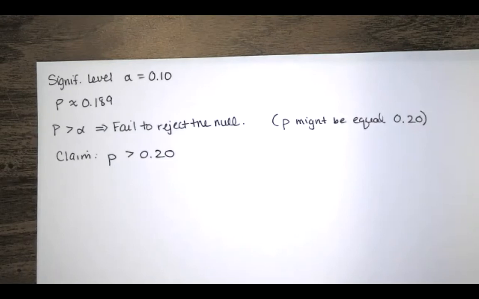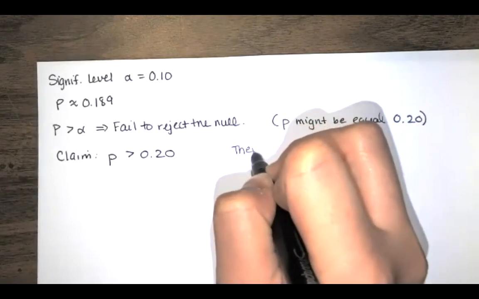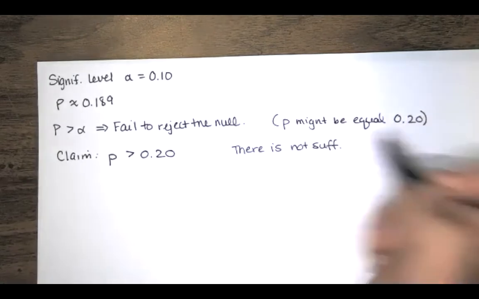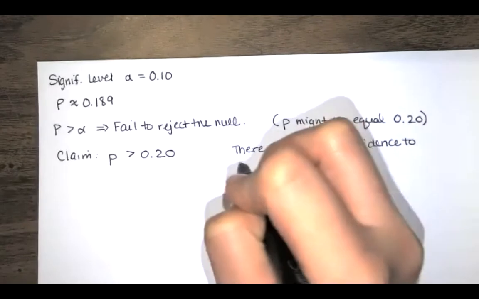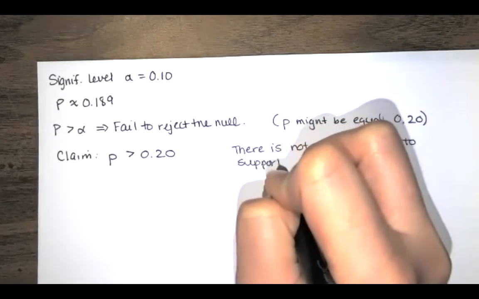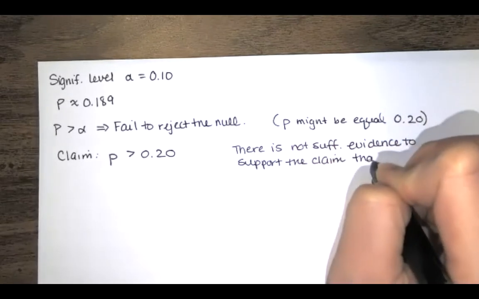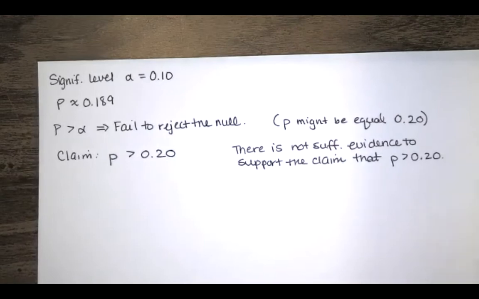So I think we can say that there is not sufficient evidence to support our claim. And the claim in this case is that p is greater than 0.20. So there's not sufficient evidence to support that because p might be equal to this value.